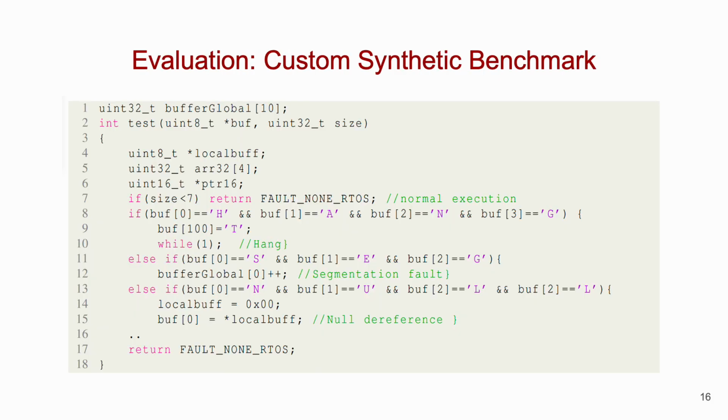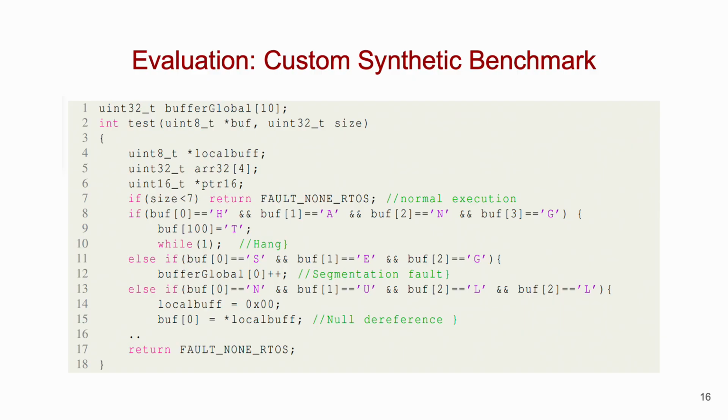To evaluate the performance of SHiFT in terms of fault detection capabilities and runs per second, SHiFT's authors use a custom benchmark. This benchmark consists of different conditionals such as hang or seg or null, which will be satisfied based on the inputted string.